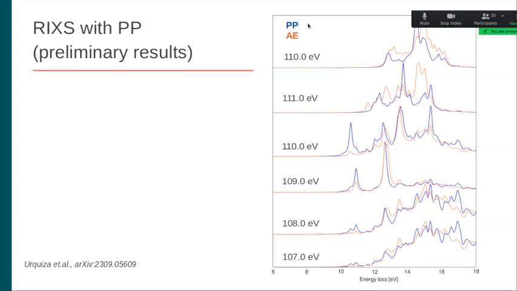I plotted here in blue the pseudopotential results, and in orange the all-electron results. If you see, the peaks at different energies follow the same energy loss.